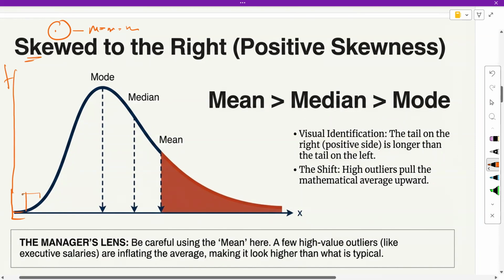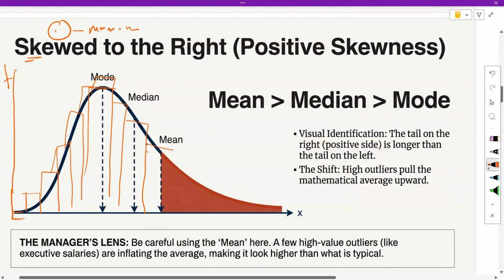Okay, behind the scene, there are a lot of histograms. And this is the top, and median, right? Like this. This is the histogram. When you look at here, this is the x value, the mean, right? This is x value. This is a mod. Why? This is the highest column, highest bar.